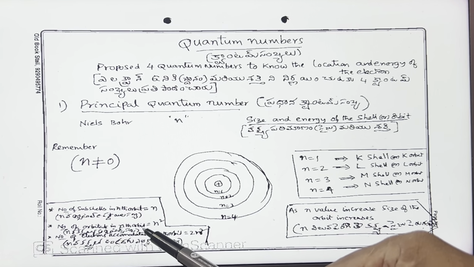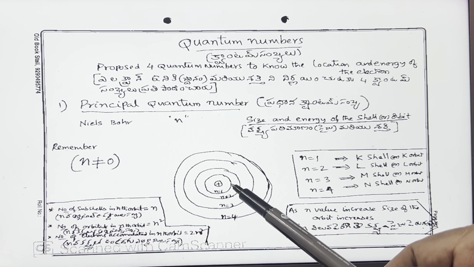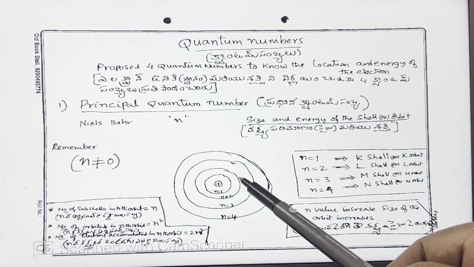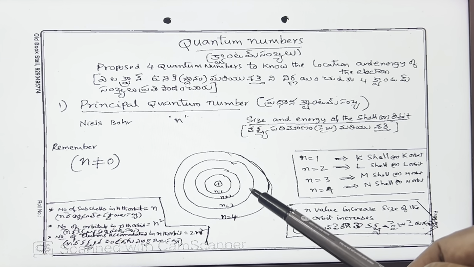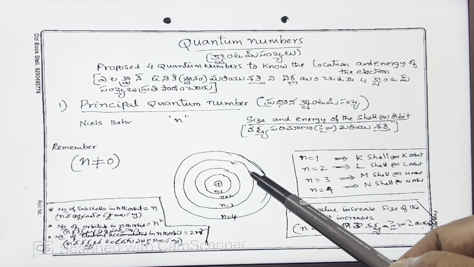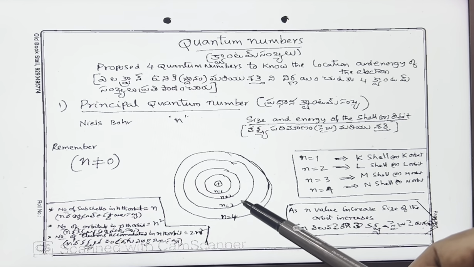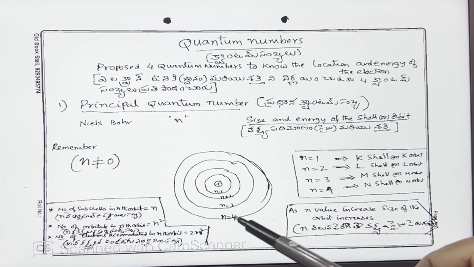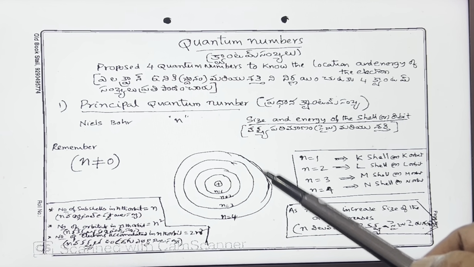In the second orbit, s and p are the subshells; s contains 1 orbital, p contains 3 orbitals, and d has 5 and f has 7 orbitals. So 3 square is 9, and 4 square, 16, orbitals will be there in the fourth orbit.